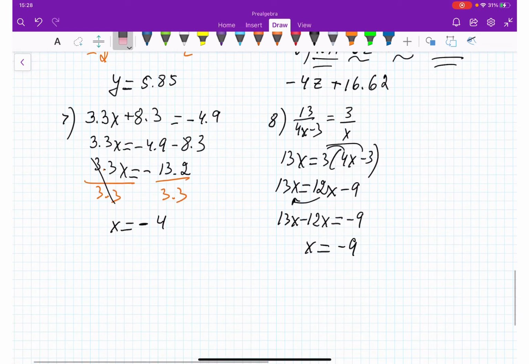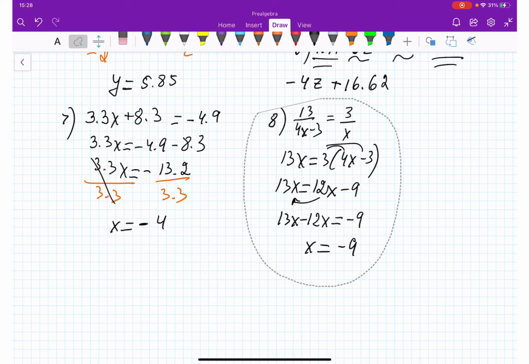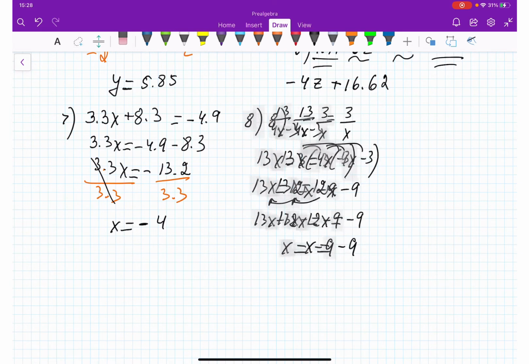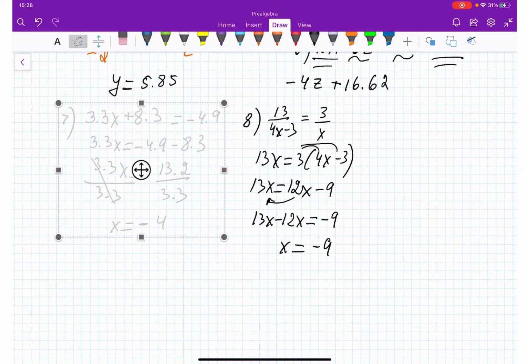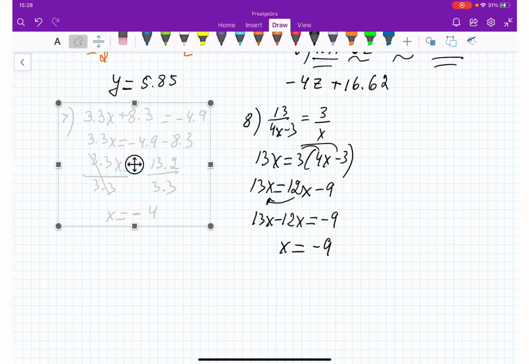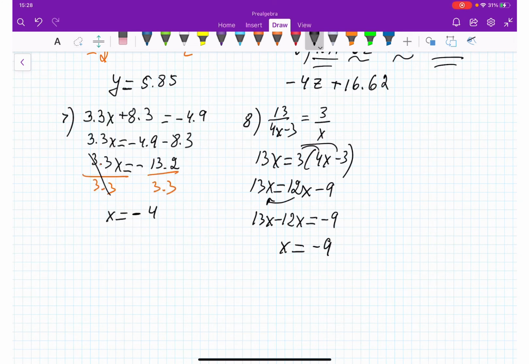Number 9. Okay, same thing as number 9. Also, we can treat it as a proportion because we have only one fraction on the left side and one fraction on the right side. So let's see. Number 9.